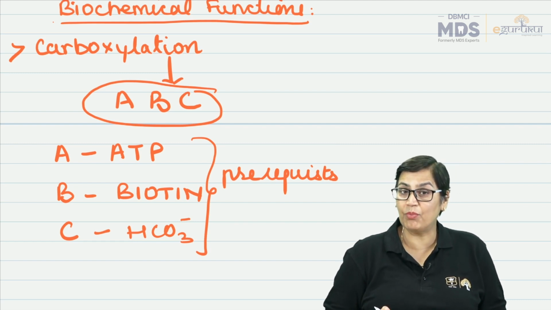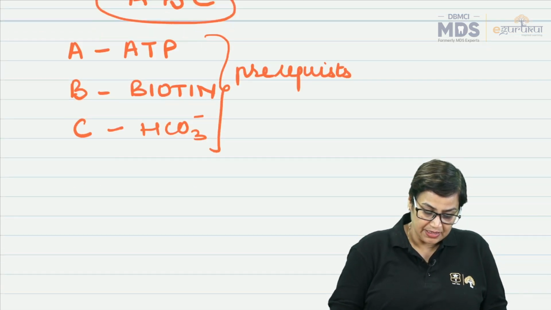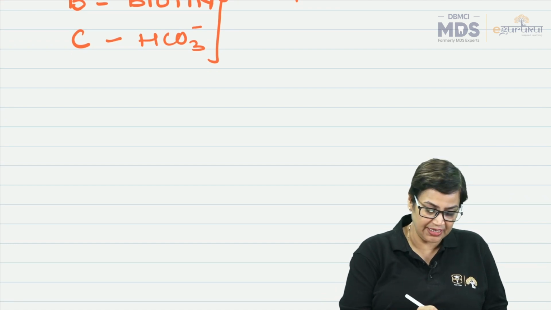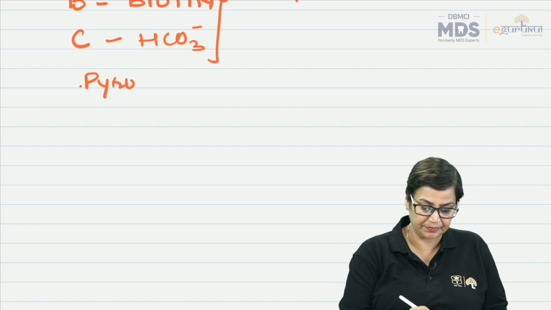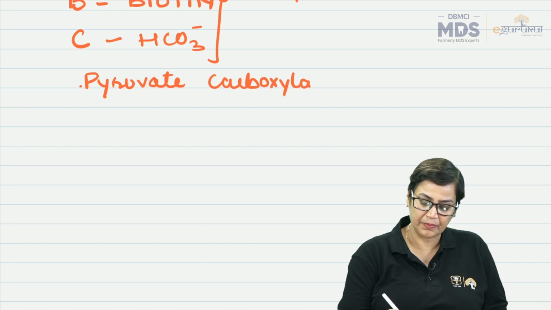अब ये तो हो गया carboxylation. What are the important reactions of carboxylation? The most important enzyme or reaction is pyruvate carboxylase. Commonly, it is known as PC.